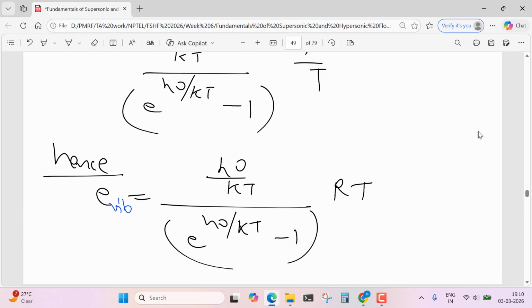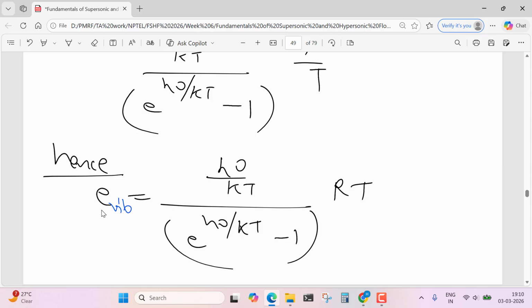So like how we found this for vibrational energy, we can find this specific internal energy for different energy modes, like translation energy mode, rotational energy mode, and electronic energy mode.